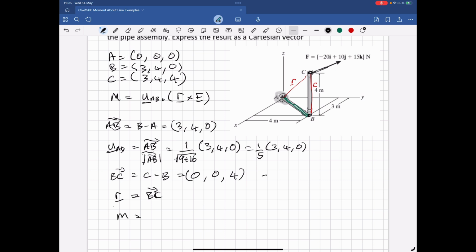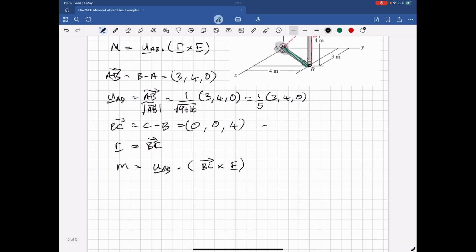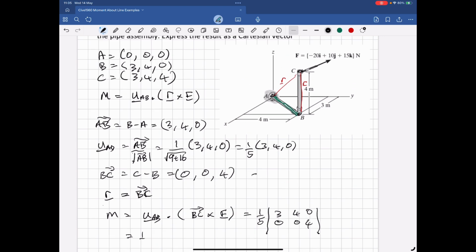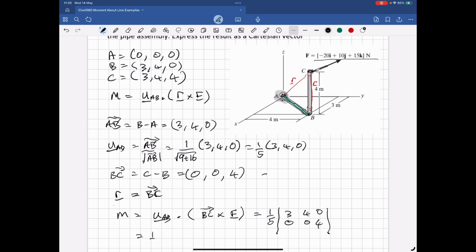So M is equal to u_AB dotted with the cross product of BC and F. So we can write this as our determinant calculation. Put the fifth out here. 3, 4, 0. BC is 0, 0, 4. F, we'll not concentrate on F, but F is minus 20, minus 10, 15.